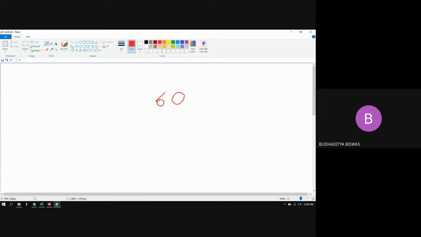In binary, what is it? Sir, 111100. No, I am asking about this 60, this is actually the 60 in the decimal number system. So if you want to write 60, how many positions are occupied? Sir, 2. 2 positions. This is the first position, which is called the 10 position, and this is the 0 position.